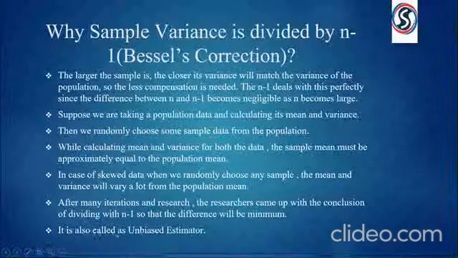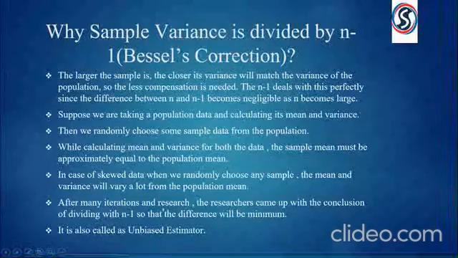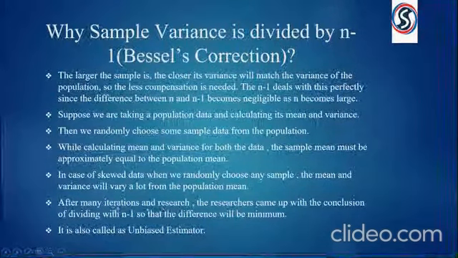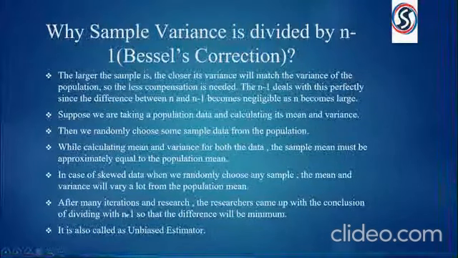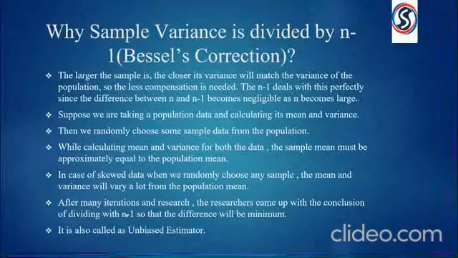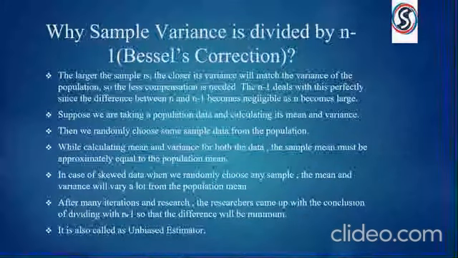n-1 is also called the unbiased estimator. When we subtract 1 from the total number of observations, the sample variance gets closer to the population variance.